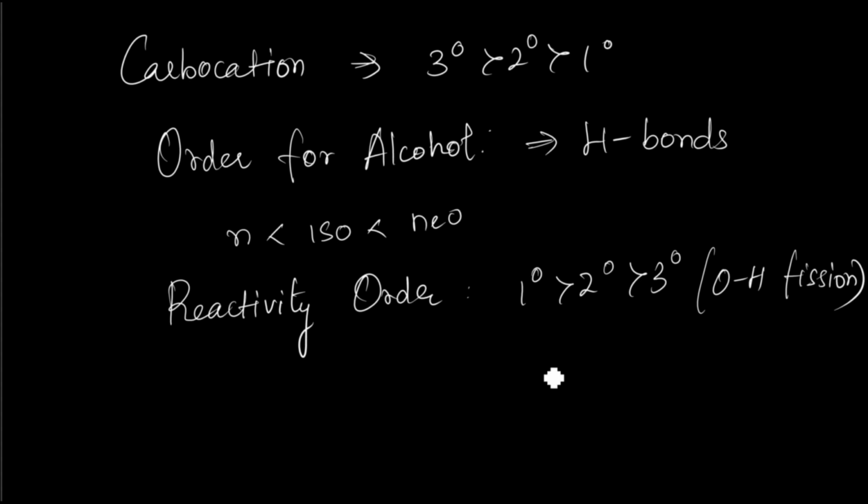If they are asking about C-O bond fission, then the order is tertiary, secondary, and then primary. These points will help you determine which is more stable, or questions can be asked which requires more energy to break down, that kind of type.